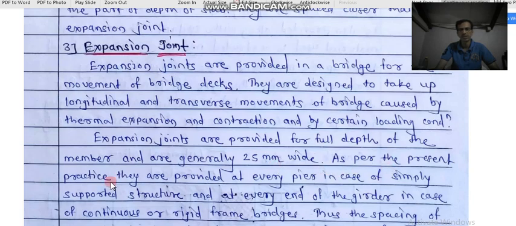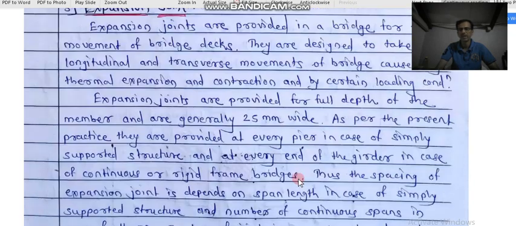As per the present practice, they are provided at every pier in case of simply supported structures and at every end of the girder in case of continuous or rigid frame bridges. If the structure is simply supported, it is supported only at the ends, then the expansion joints are provided at every pier.